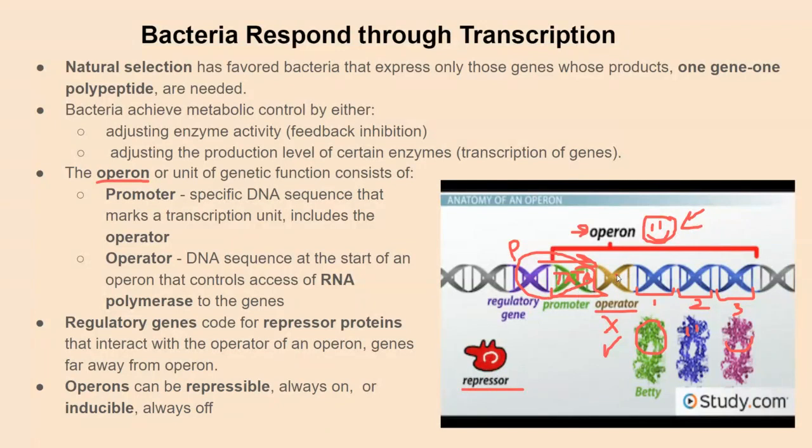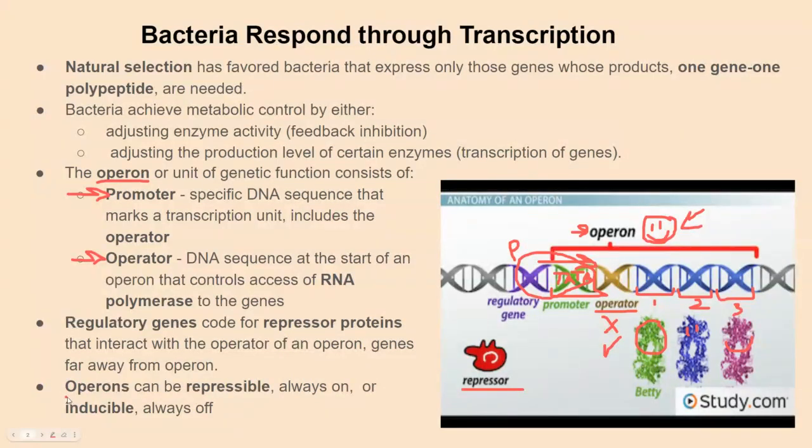If it does not run into a repressor, it will continue forward and it will transcribe each of these genes inside of this operon. So in that way, the gene is regulated. So we have the three parts, the promoter and the operator, and then the three genes.